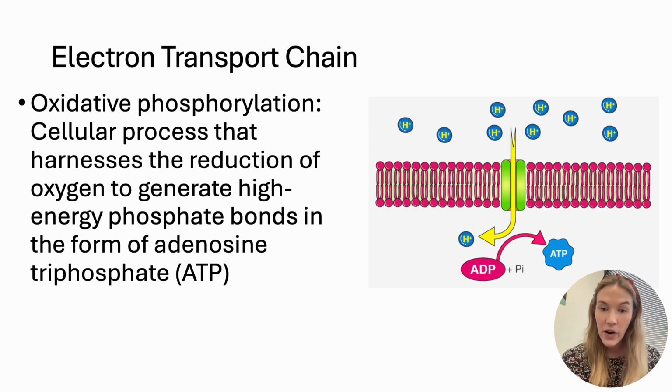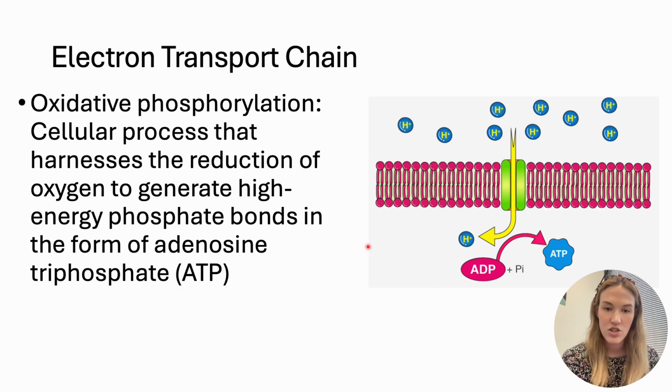Now this whole process is called oxidative phosphorylation. So we talked about substrate level phosphorylation. Now we're talking about oxidative phosphorylation, which is a cellular process that harnesses the reduction of oxygen. Remember, oxygen is the final electron acceptor, so we are reducing oxygen to generate high energy phosphate bonds in the form of adenosine triphosphate.